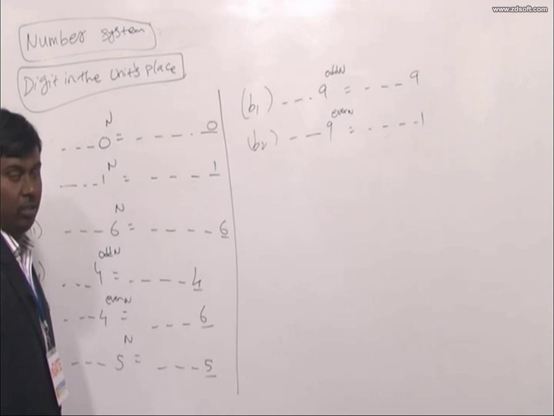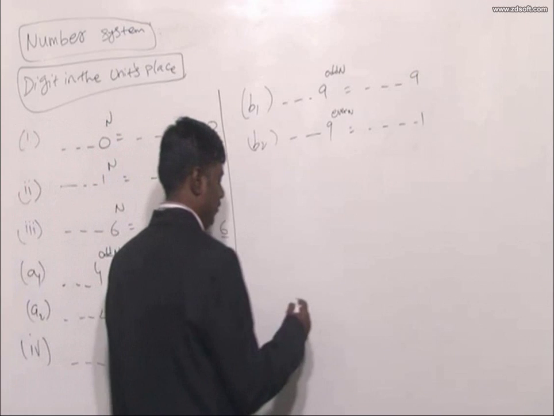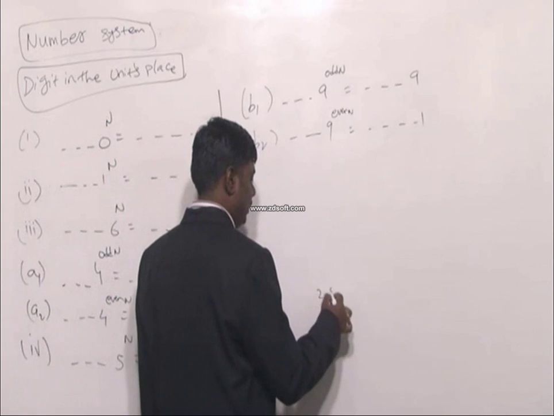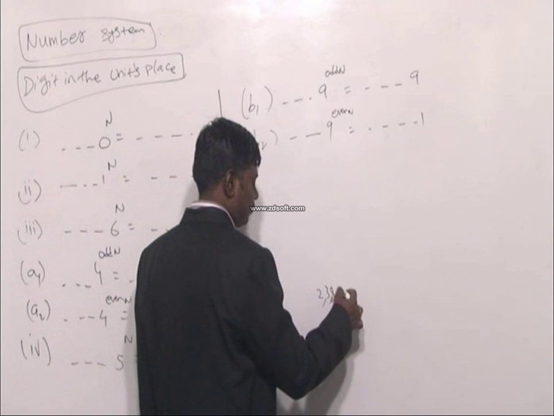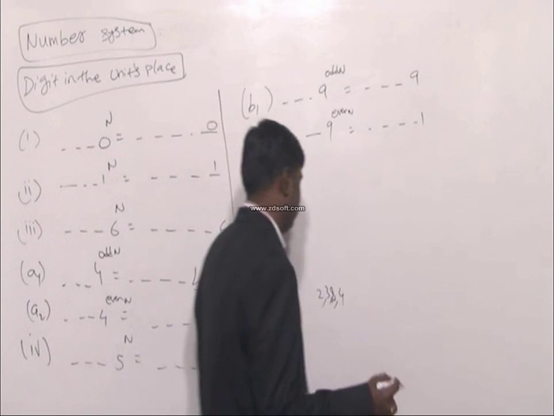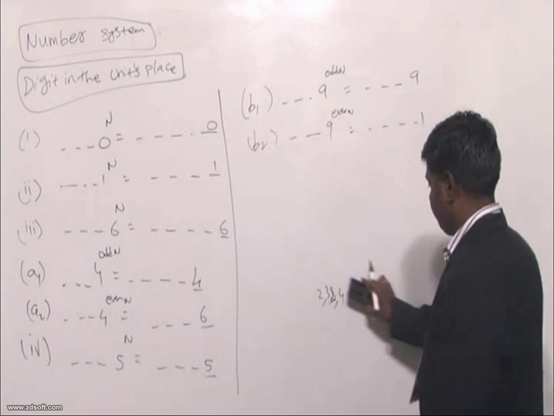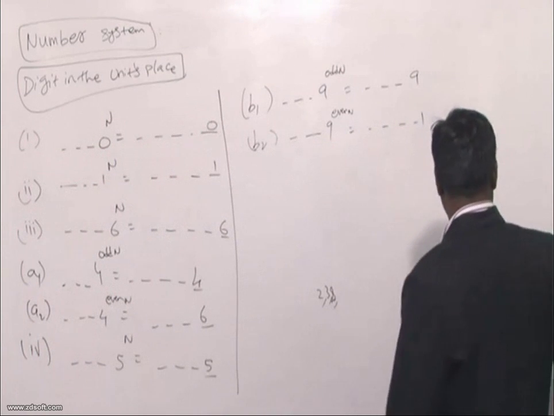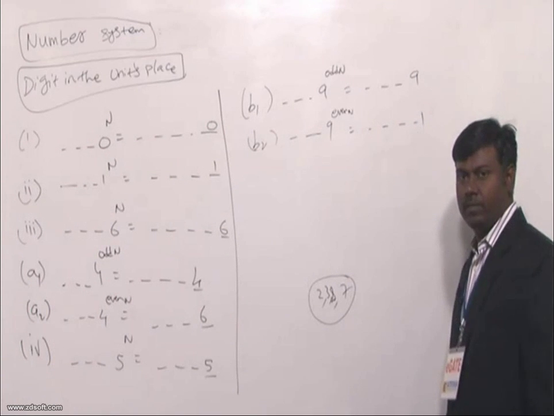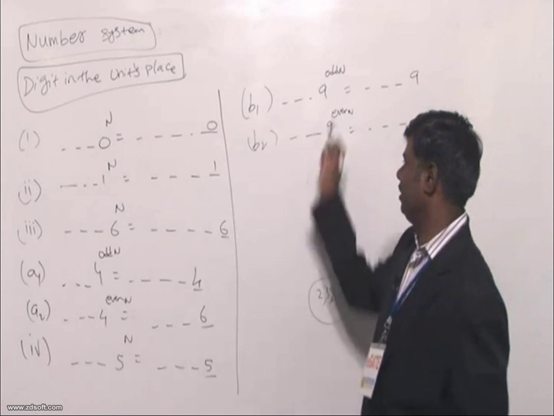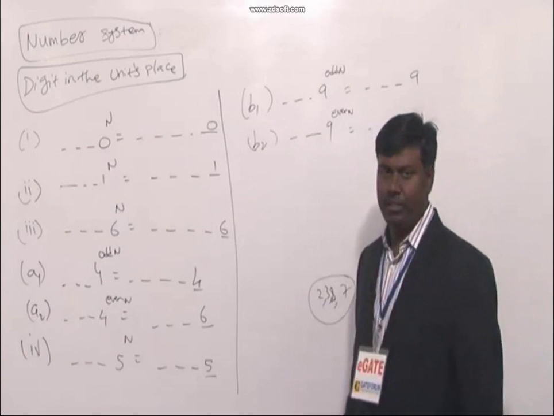So what is left out? Left out ones are 2, 3, 8, 7. If you can frame logic for these, you can frame logic for these also, 2, 3, 8, 7, right?